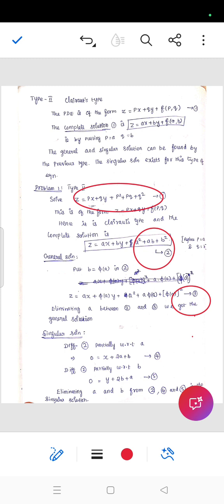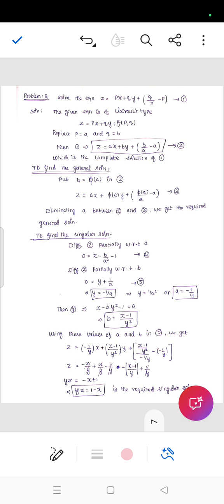So similarly, we have one more problem. Let us see to that. Solve the equation z equal to px plus qy plus q by p minus p. So mark this as equation number 1. This is of the form z equal to px plus qy plus f of p comma q.